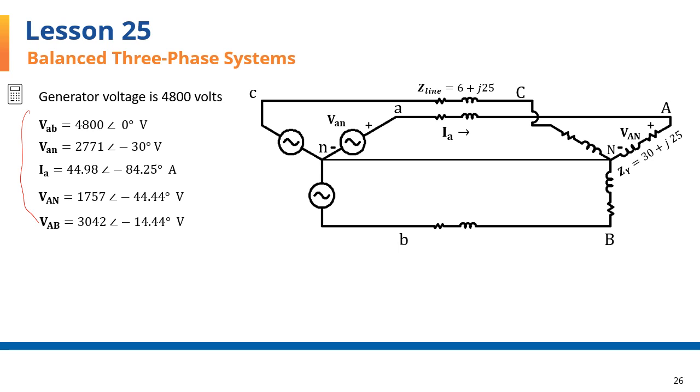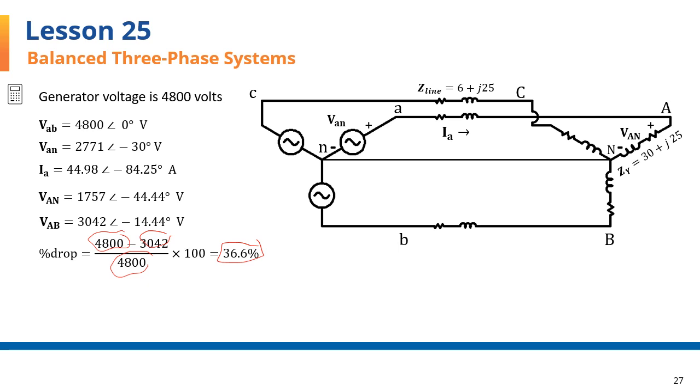Let's now calculate the percentage voltage drop, because we have the magnitude of VAB at load, and we have the magnitude of VAB at the source. And the percent drop is source voltage minus voltage at load, divided by the voltage at source, times 100, comes to 36.6.